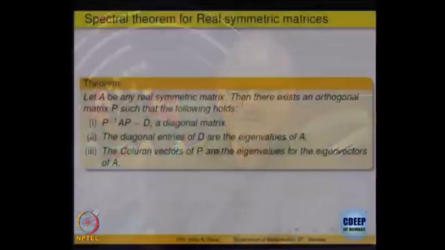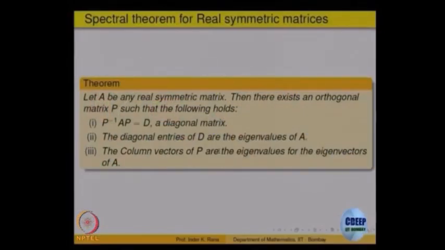But the only thing is that eigenvectors corresponding to distinct eigenvalues for a real symmetric matrix will be orthogonal, but inside the eigenspace they may not be orthogonal, they will only be linearly independent. So, using the Gram-Schmidt process, we can make those eigenvectors also mutually orthogonal.